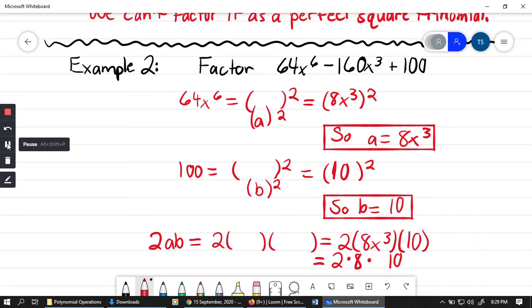Okay, so what we need is negative 160, which means that maybe b is not positive 10. Just maybe, and more than likely, b is negative 10. Because that is actually more likely. It's more likely that b is negative 10 than positive 10, because when you square negative 10, you still get positive 100. Okay, so b is actually negative 10.